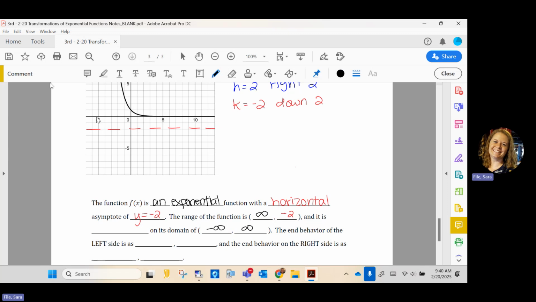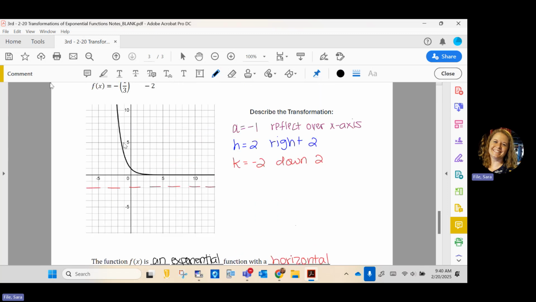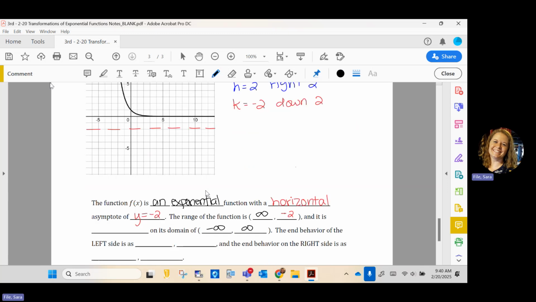Now, when we flip this over, right now this is a decreasing graph, but when I flip it upside down, what's it going to be? Yeah, from left to right, it's going to be increasing. If you've got a decent understanding of that end behavior, it doesn't matter exactly where the points are, as long as you know the general shape and where the asymptote is.